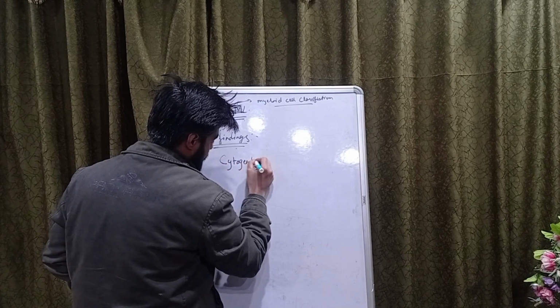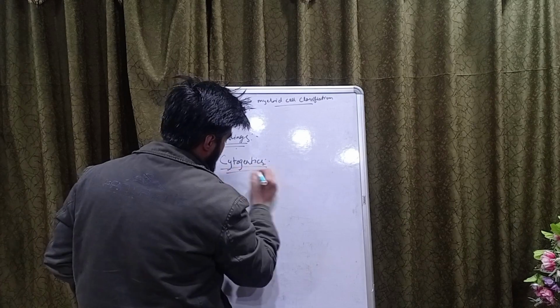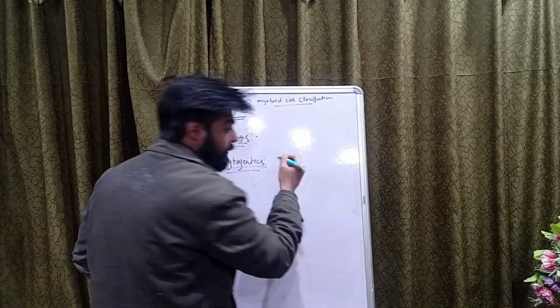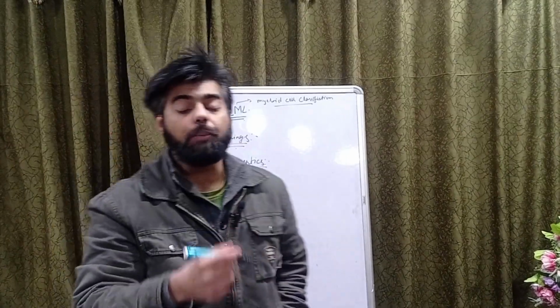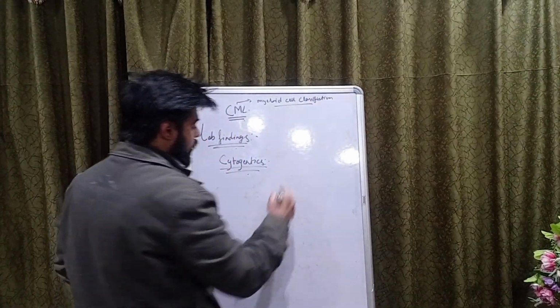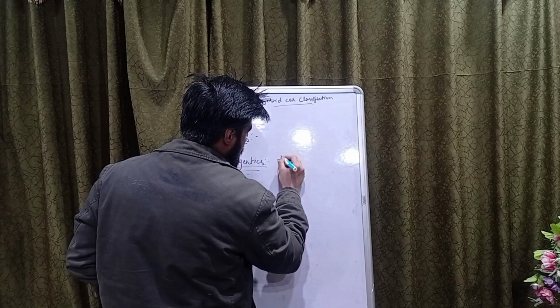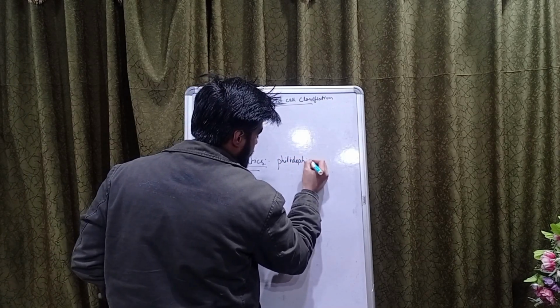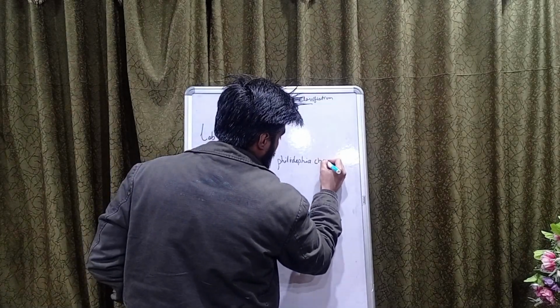Cytogenetics will show the presence of the Philadelphia chromosome, which was said before, one of the most important diagnostic features of CML. Fine. So, the presence of the Philadelphia chromosome.